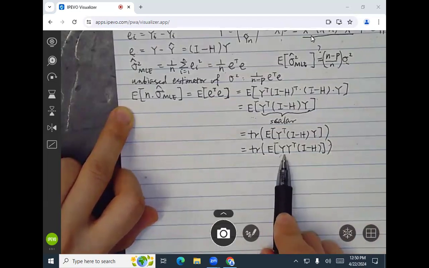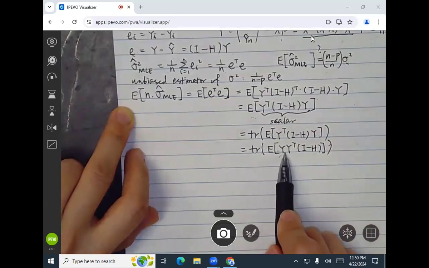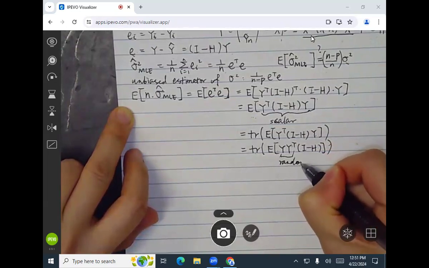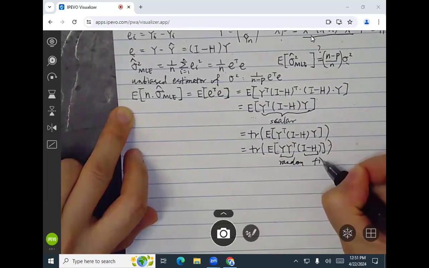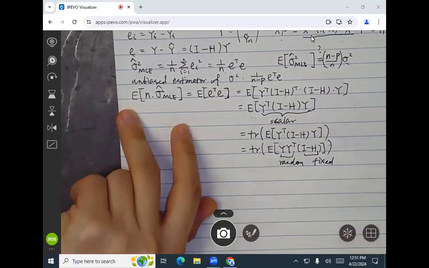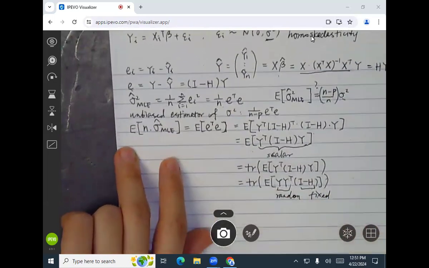But what we can do out of this is that for this expectation of Y times Y transpose, this is the only random part. And this is the fixed part, because we assume the X design matrix to be fixed. So the hat matrix, which only depends on X, is also fixed. H is considered fixed.